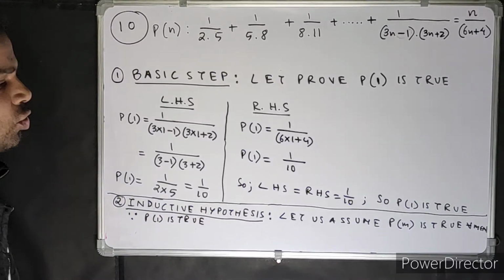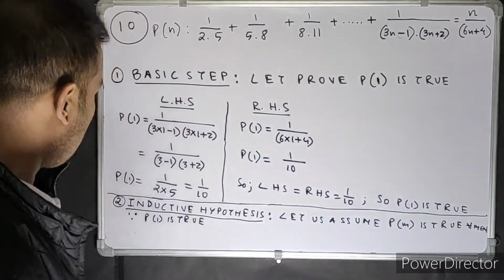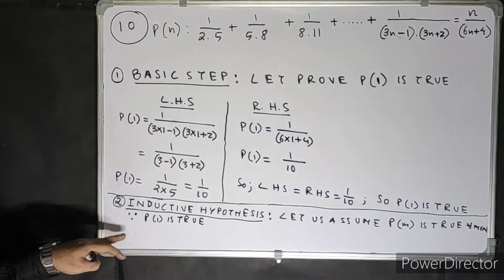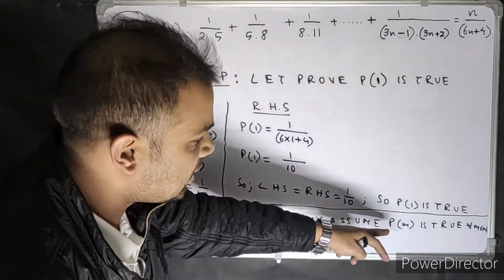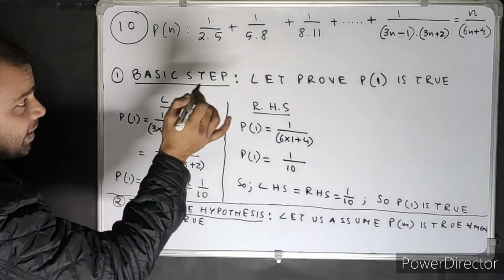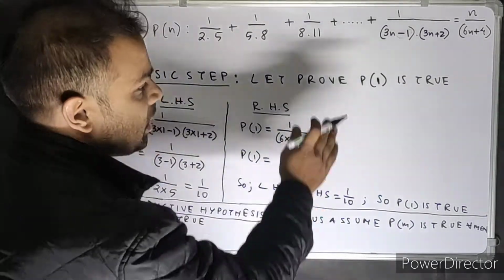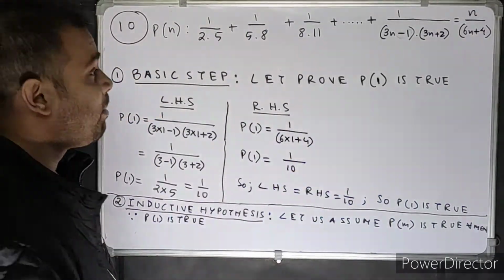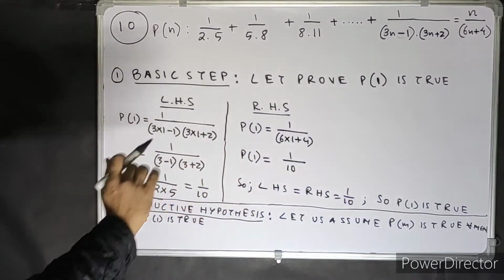Because P of 1 is true, that's why you are assuming that P of m is true. If you don't write this part, then this is not connecting each other. You have to connect the first part with the second and the second with the third. Then only you can prove. That's because they are all connected in mathematical induction.